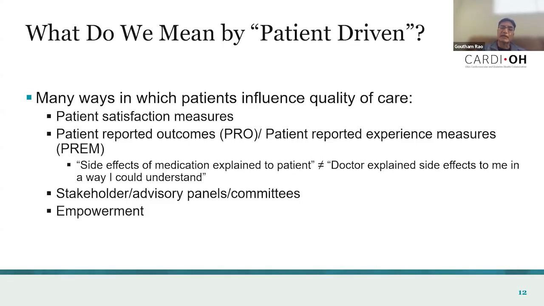Now, if we go up to the next level, there are patient-reported outcomes and patient-reported experience measures. So, for example, these have to be worded quite correctly. If you ask somebody, well, are you feeling better? Are your symptoms improved? Is your hip pain improved? And that's a patient-driven measure that goes into your QI project.